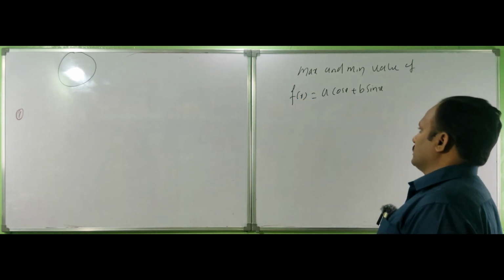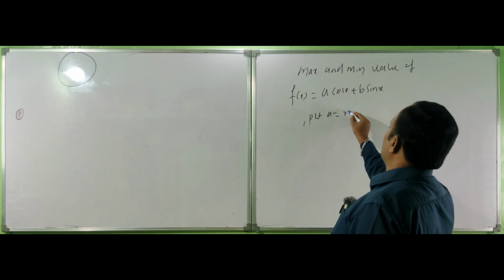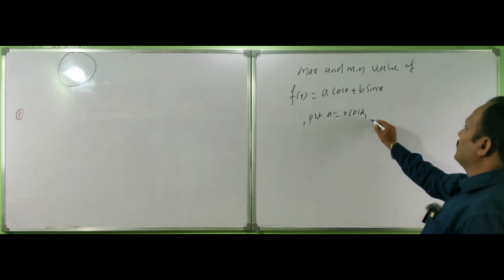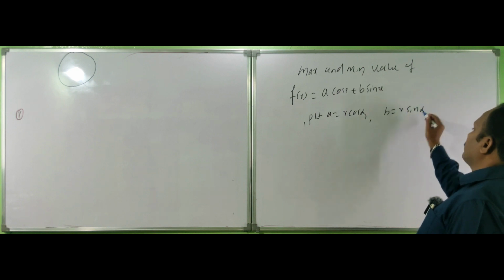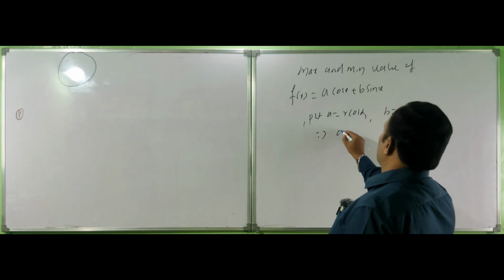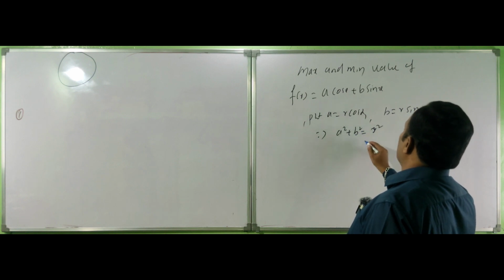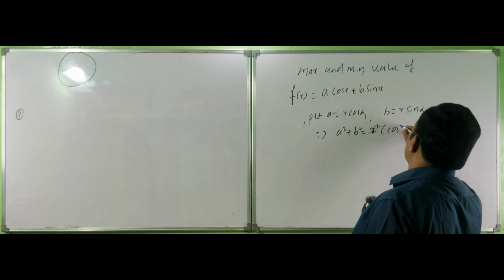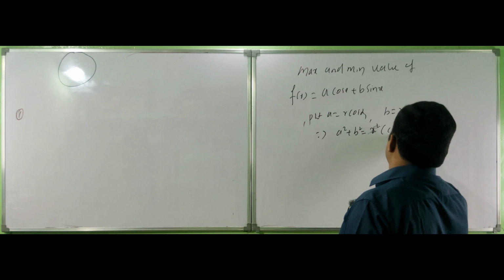Here I am considering a equal to r cos alpha and b equal to r sin alpha. So a square plus b square is equal to r square times (cos square alpha plus sin square alpha), which becomes 1.